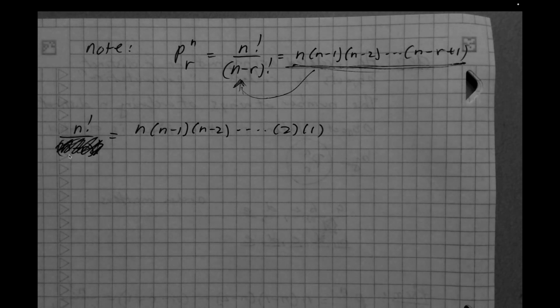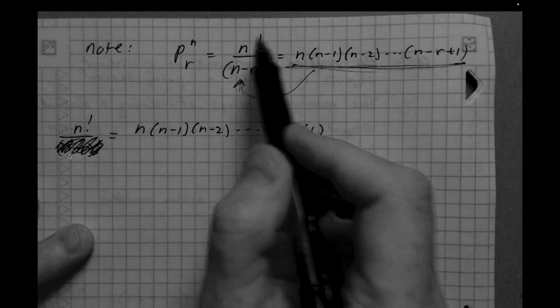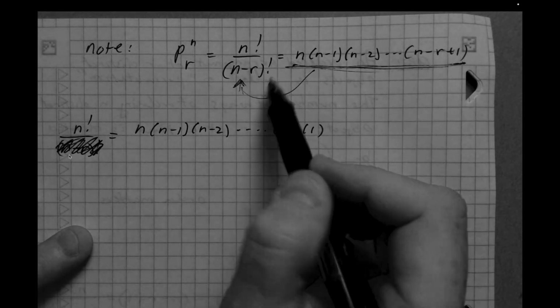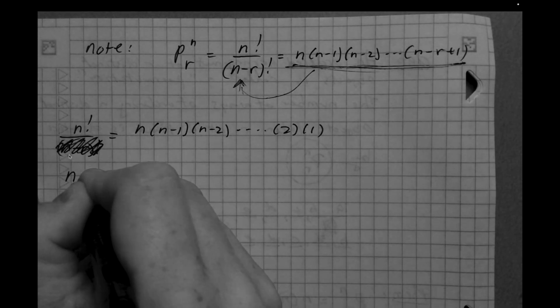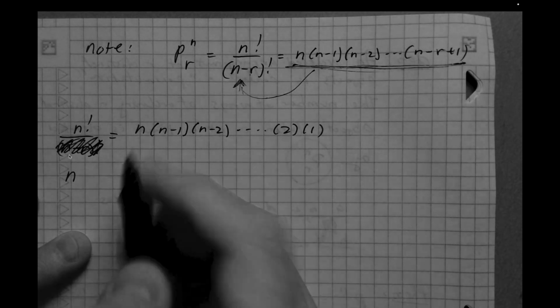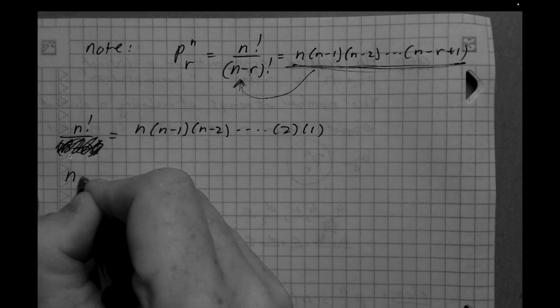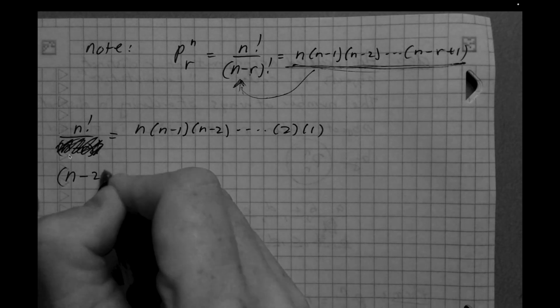And so let's think about this ratio. What is n factorial over n minus r factorial? Well, let's think about what n minus r factorial is. Instead of r, let's put in a number. Let's say n minus 2 factorial.